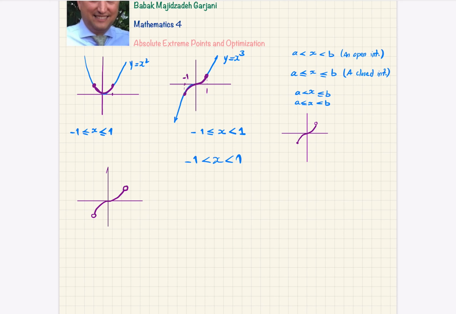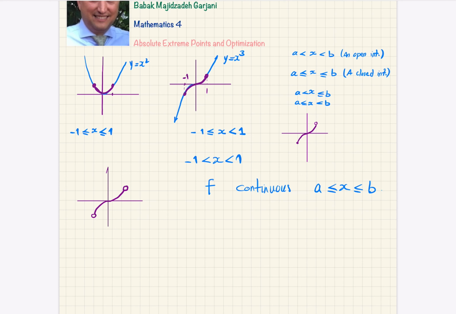Okay, but now I want to ask your opinion about that. Assume that you have a continuous function and you are given a closed interval. So to be concrete, let f be a continuous function, and let a closed interval be given to you.